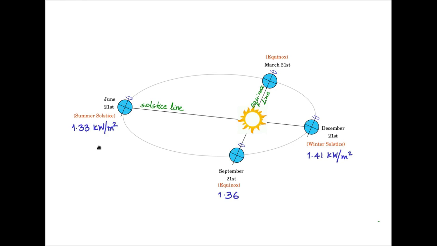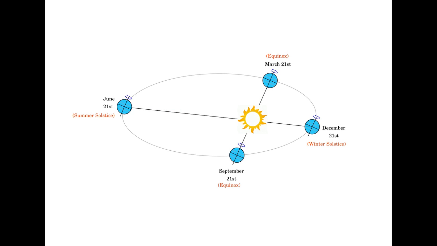At the September equinox, it is 1.36 kilowatt per meter square, and at the March equinox, it is 1.38 kilowatt per meter square. Apparently, the shape of the elliptic orbit and the nearness of the Earth to the Sun would probably have brought about this small change in the value of the insolation. In this view, the observer is neither on Earth or the Sun, but away from both these planetary bodies.